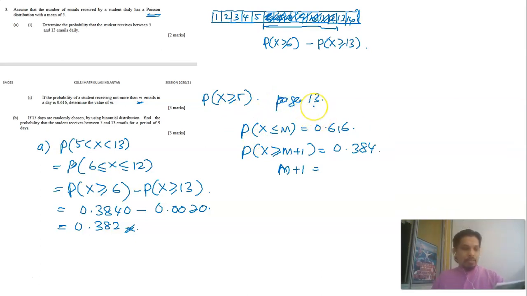Look at the value of lambda, which is equal to 5.0. Then find the value of 0.384, and the value of r equal to 6. So then M equals 6 minus 1 equals 5.